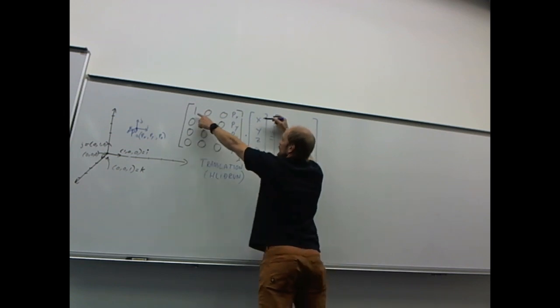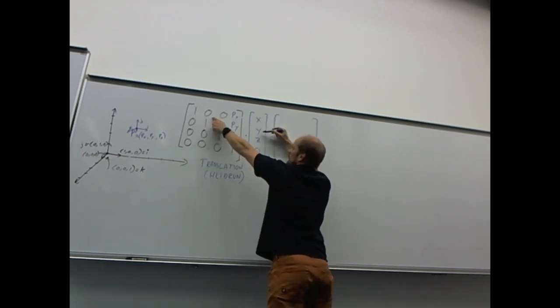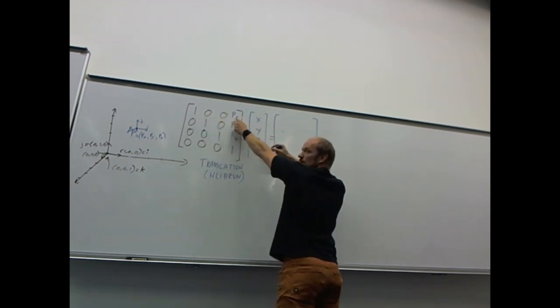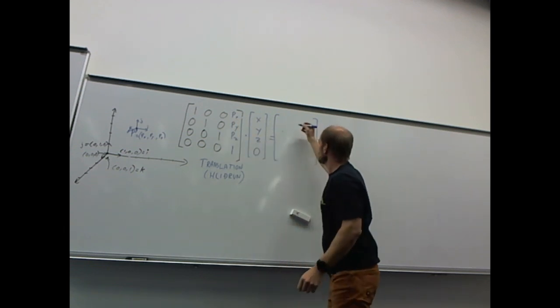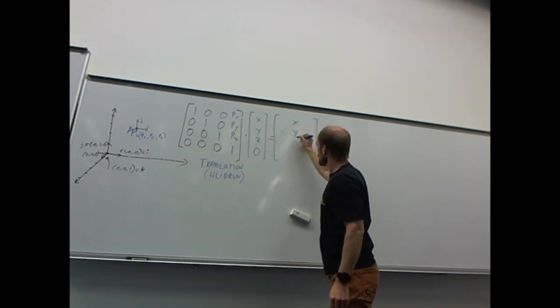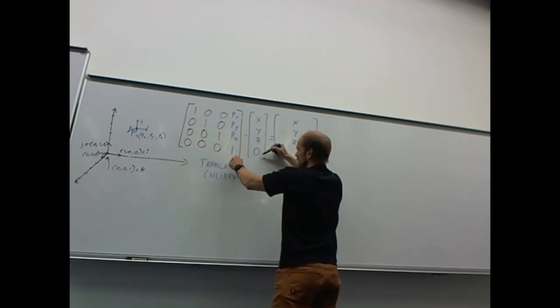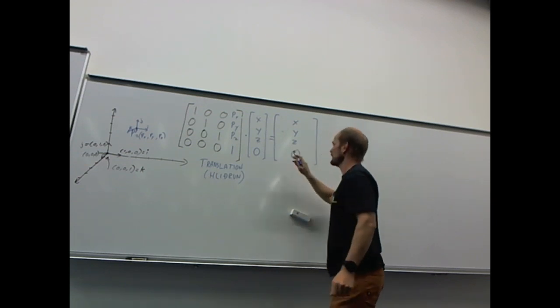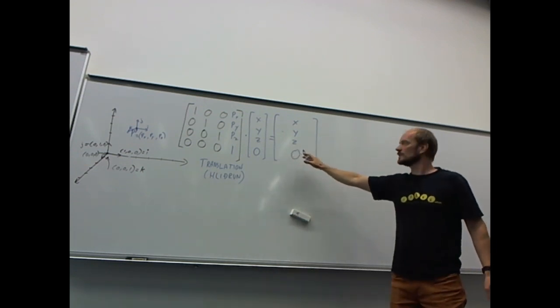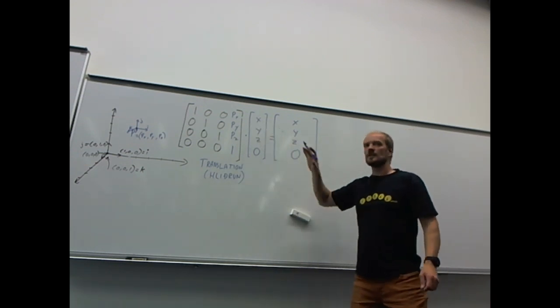We can see that 1 times x, 0 times y, 0 times z, and 0 times px. So the math gives us x again, y again, z again, and finally 0 times 1. So it gives us another vector that has 0 here as well, but nothing changed.